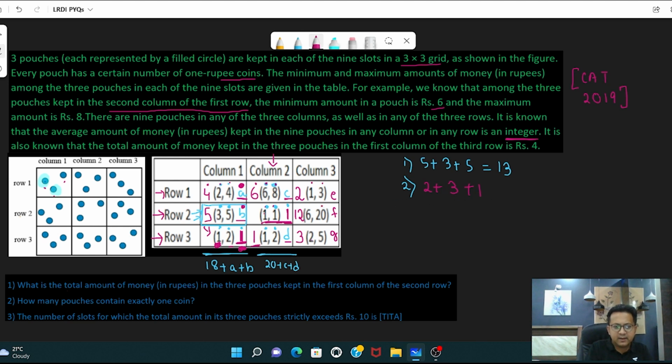Then any other ones? Column 3, row 1, there is another one. So total, 2 plus 3 plus 1 plus 1. So the total is coming out to be 7.